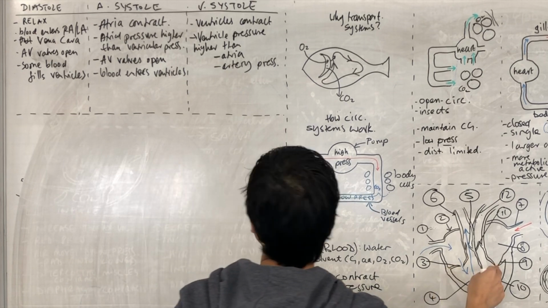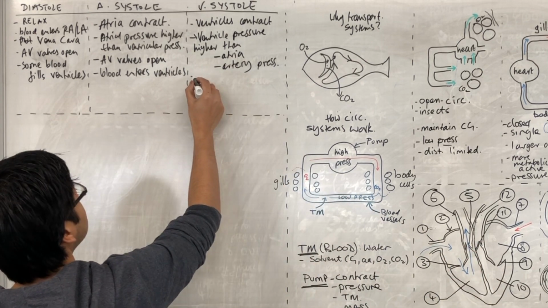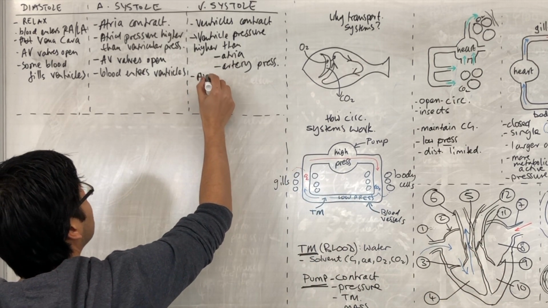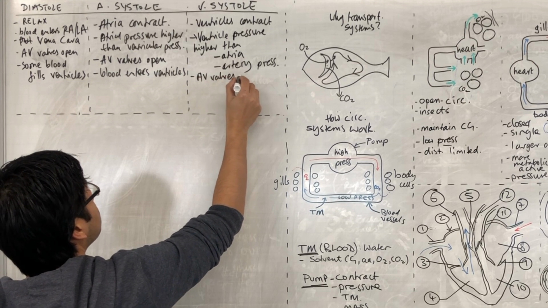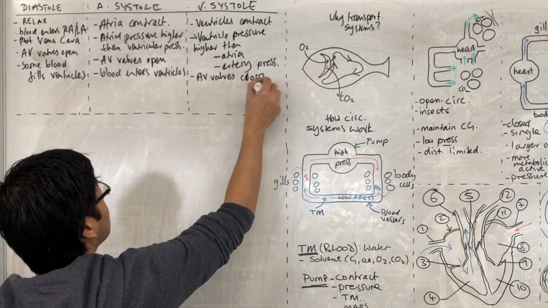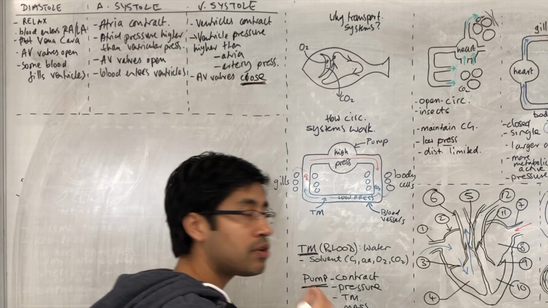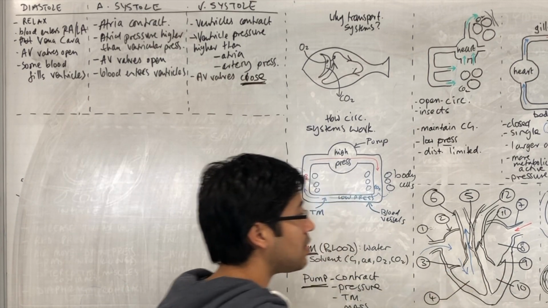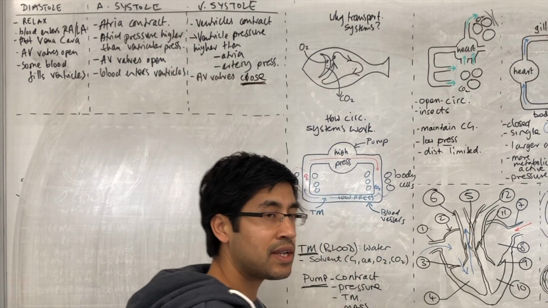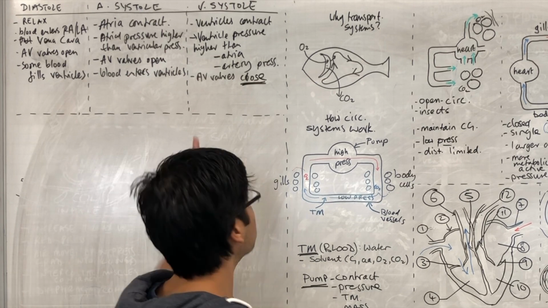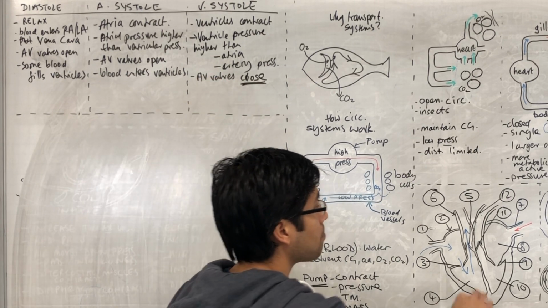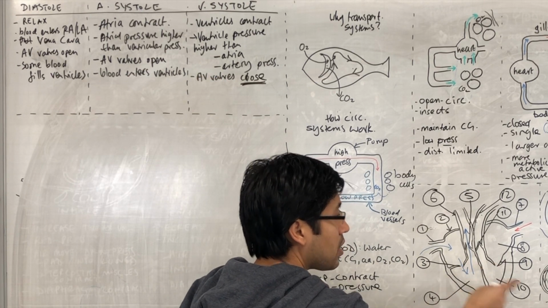The bicuspid and the tricuspid valves close. So AV valves close. Okay, so you have to think about this, and then you might have to identify what stage you're looking at based on the evidence here.